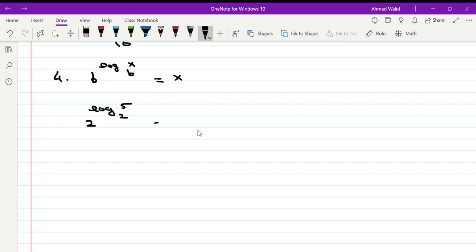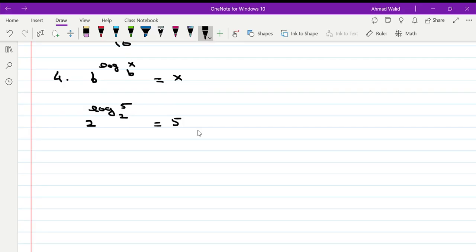My answer is 5. Correct? These are the basic logarithmic properties, 4 of them. The other ones are the product and the quotient formulas, which I'll give you later. Correct?